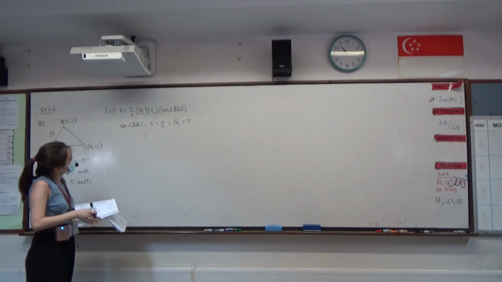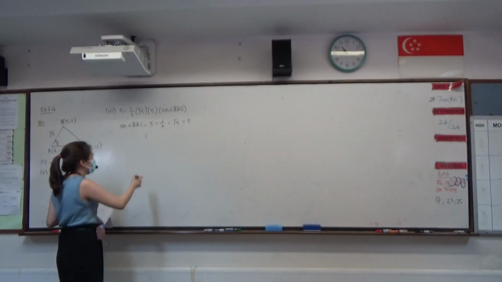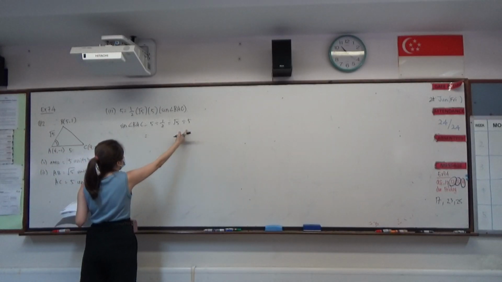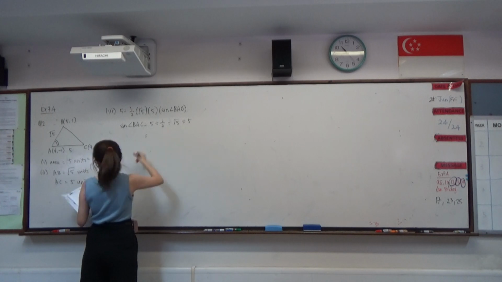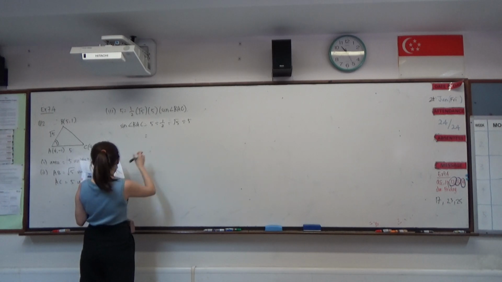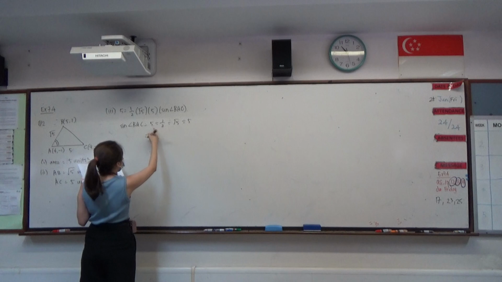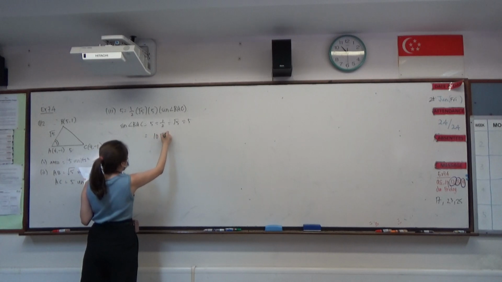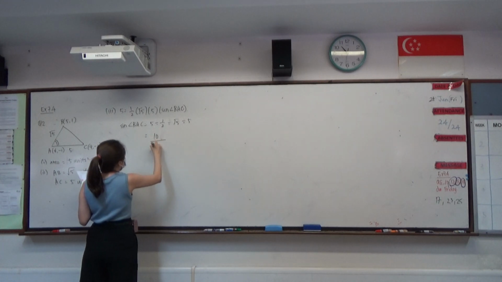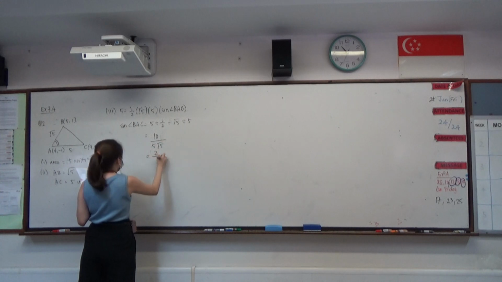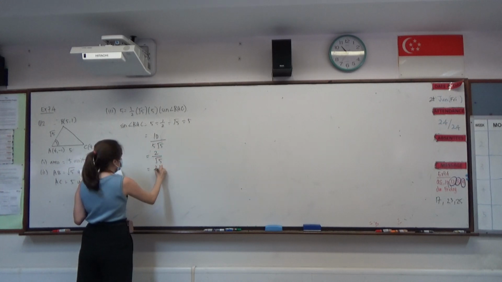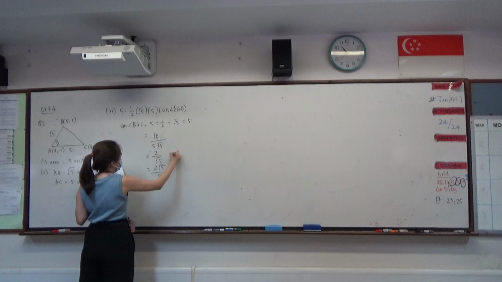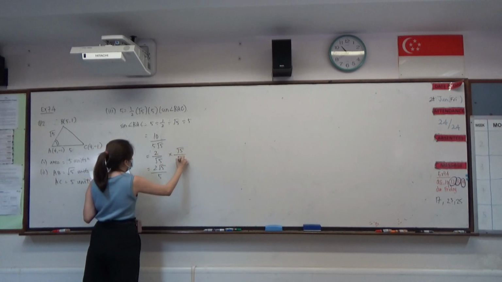Therefore we would get 5 divided by half is 10, over 5 square root 5. We will have 2 over square root 5 here. So 2 square root 5 over 5 if I rationalize the surd.